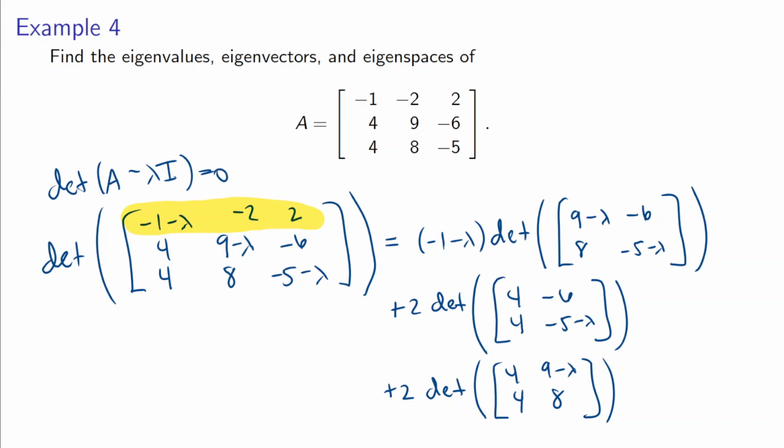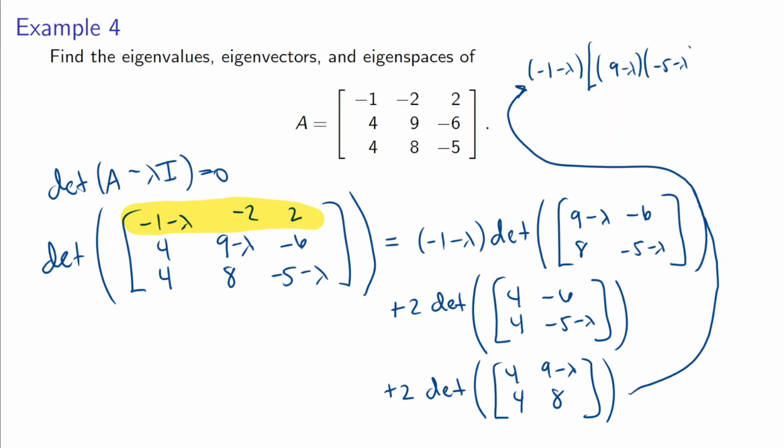And now we've got a bunch of 2 by 2 determinants. So maybe we'll power through. Let's see, so look for some space. Maybe I'll come up here in the top right of the page. All right, so this first one's going to end up looking like -1 minus lambda times (9 minus lambda)(-5 minus lambda) and then a -8 minus 6 times -6, so a plus 48.